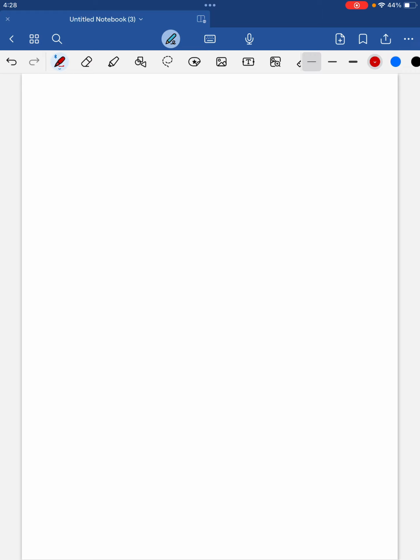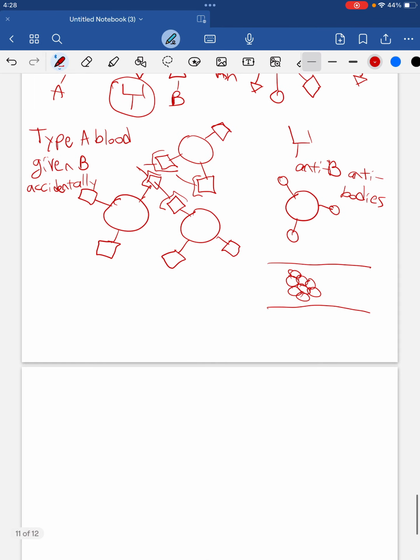Now let's talk about who can donate to who so that this does not happen. We don't want a blood clot like this happening. So when you donate blood, they'll figure out what blood type you are and who you can donate safely to. And then they would only give your blood in a transfusion to someone who would not get clotting. So people who are type A can receive A or O blood.